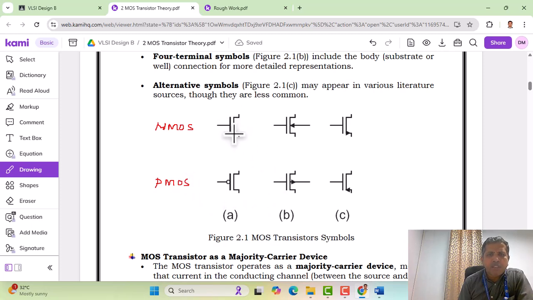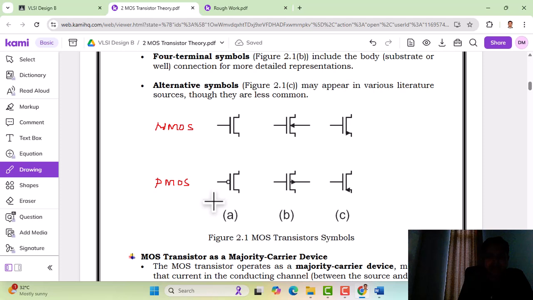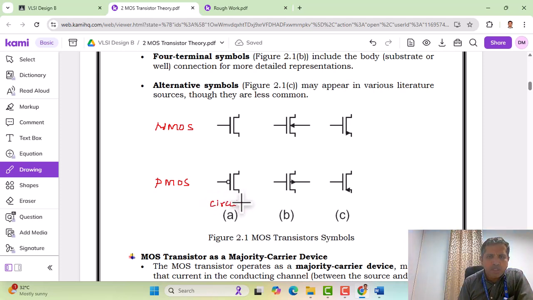These are the symbols used in circuit schematics. In the second column, we show both NMOS and PMOS symbols in a detailed way, called the detailed representation.